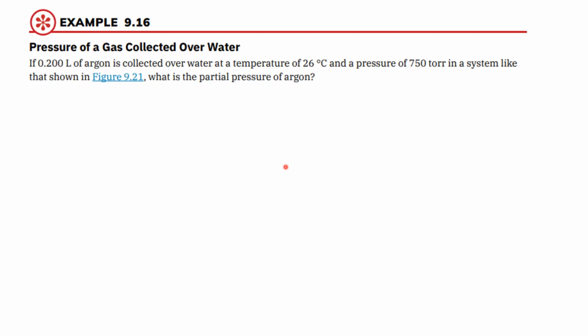We've got a volume, a temperature, and a pressure, but we don't have the moles for argon. I guess we could use the ideal gas law and solve for moles of argon, but that's not really useful with this question.